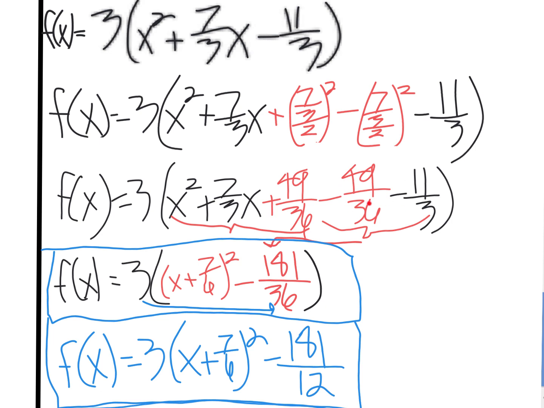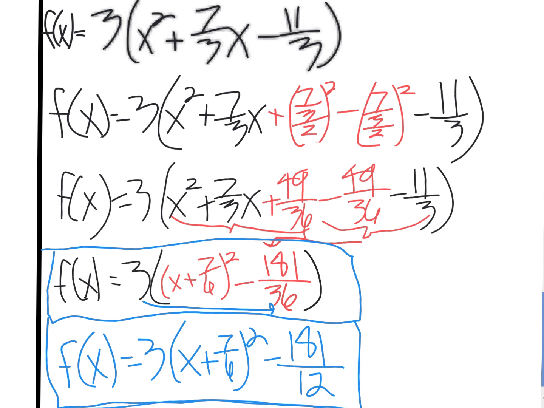And then I just combined these, minus 49 over 36 minus 11 over 3, and that made minus 181 over 36. And with the other examples, I'd be cool with this being your final answer. Just make sure you have the double parentheses at the beginning, okay?